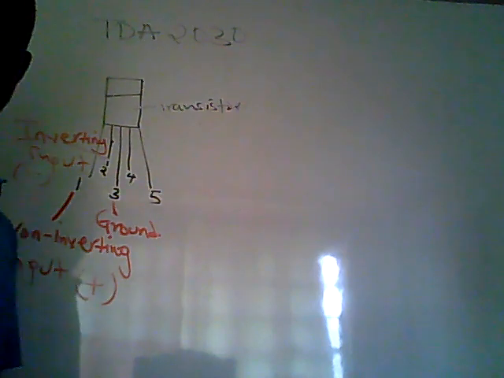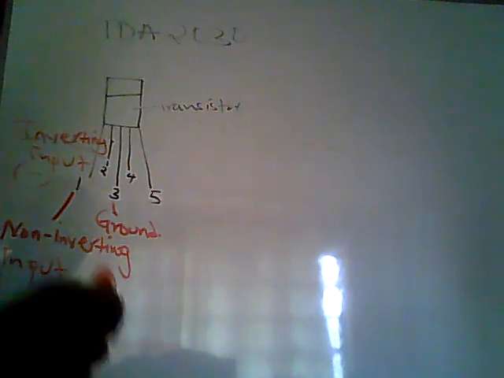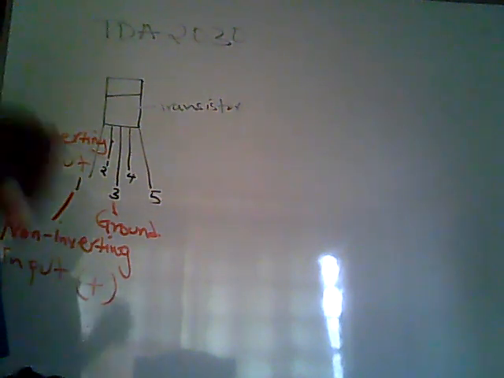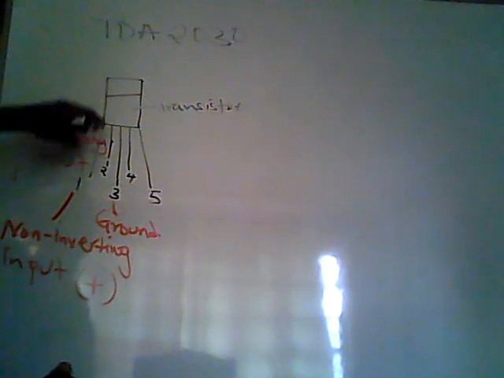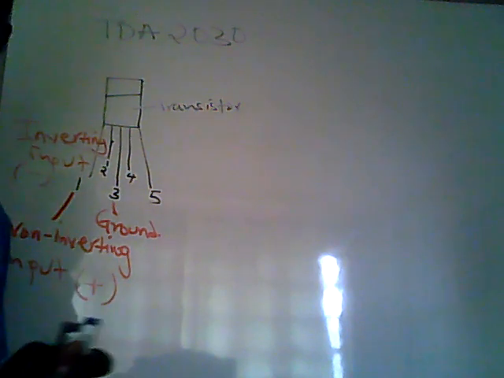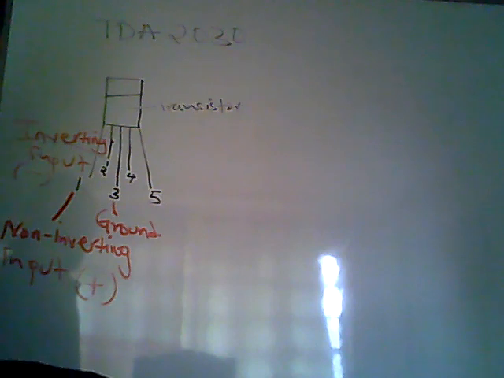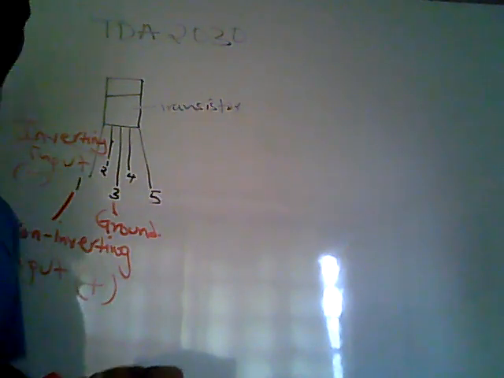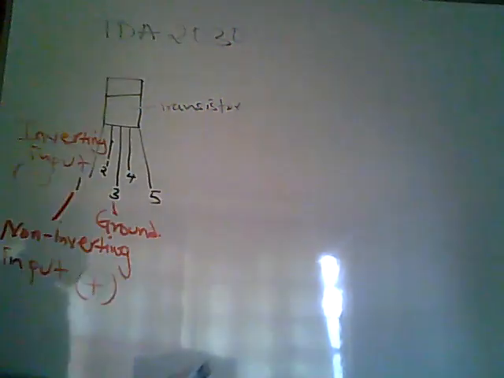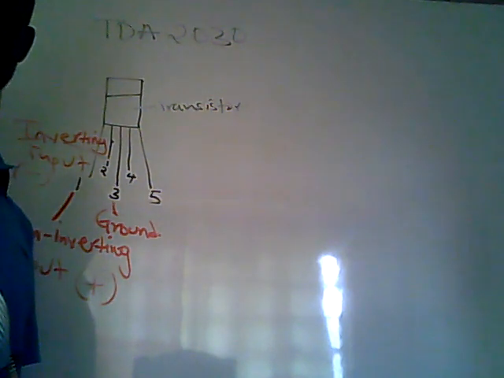Ground supplies 0 voltage to the transistor, meaning it doesn't carry any voltage. And if you give it a positive voltage, it will glow. This transistor will disappear. It will smoke and it will be gone. So you won't have any transistor.